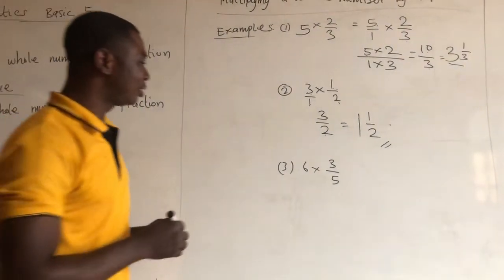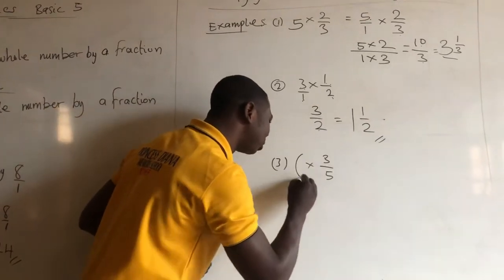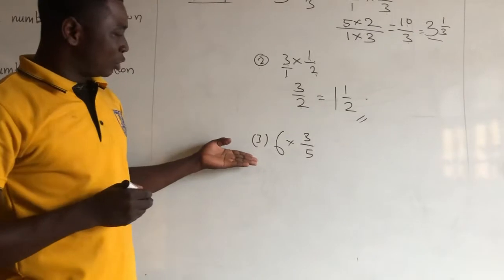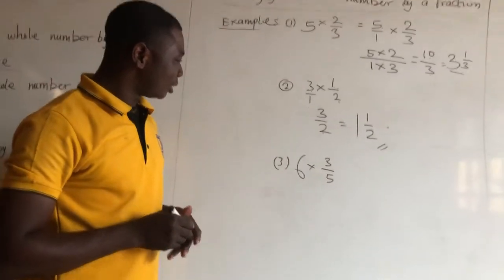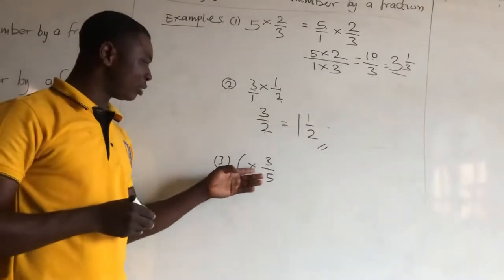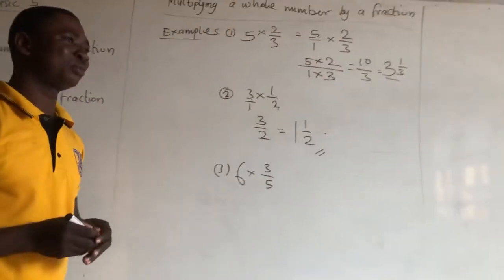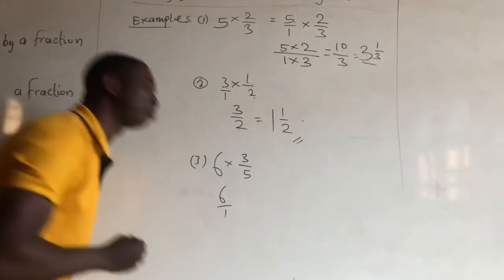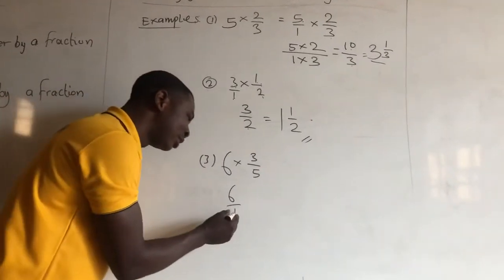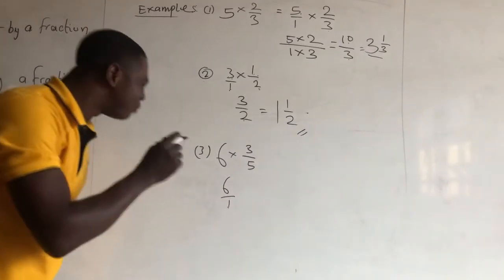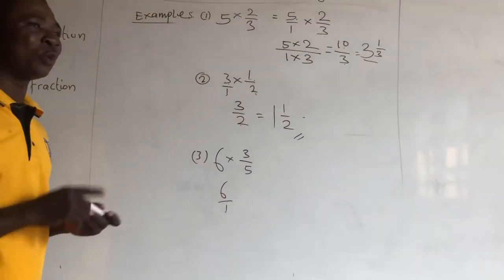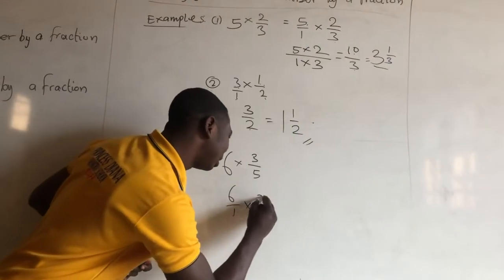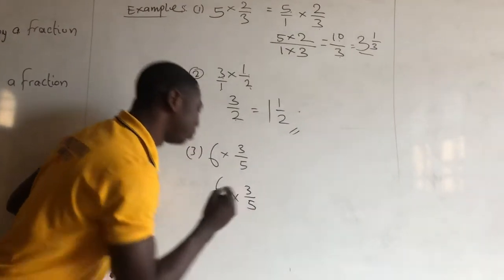Let's move on to the third example. This is a whole number, 6, times 3 out of 5. So we are going to do it quickly. I said when you see a whole number, you write it as 6 out of 1, because 1 is dividing every whole number in this way. It's like one person is sharing everything. Times 3 out of 5.